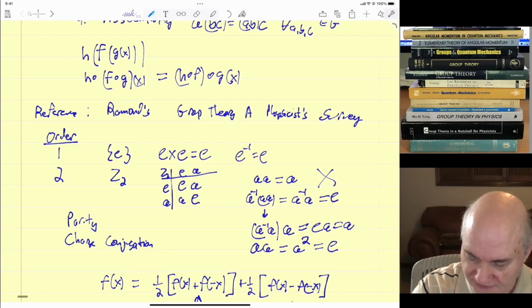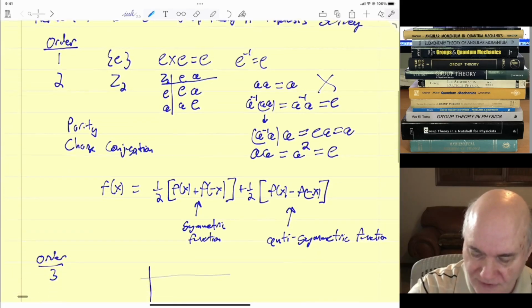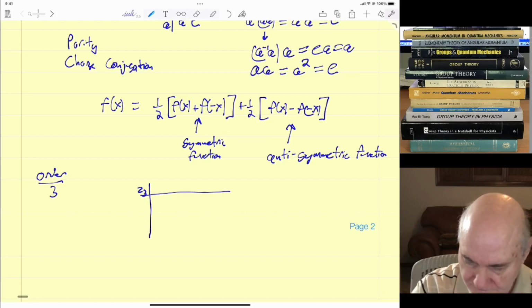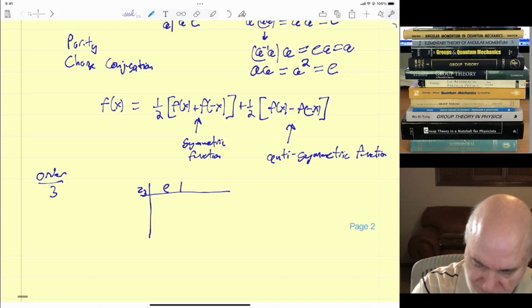This is always going to be identical to that, and this is always going to be identical to that. So it's sort of wasting a little space, but I'll keep it that way for now. So let's talk about Z3. So here we'll have 3 elements. Let's call them E, A, B.